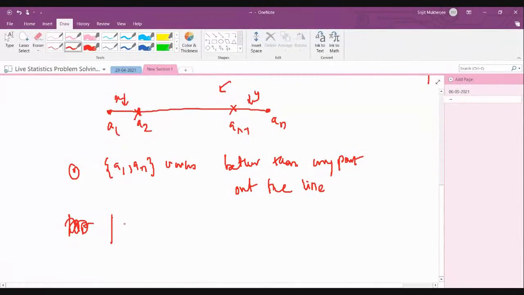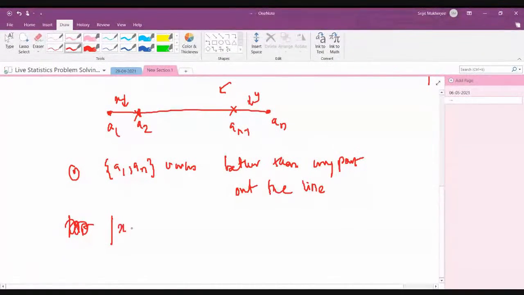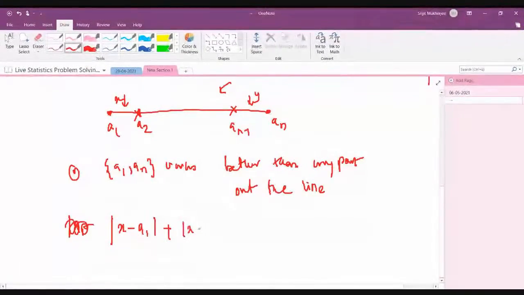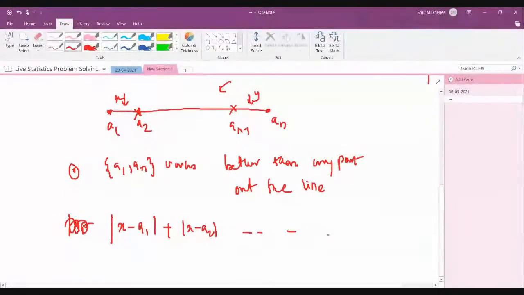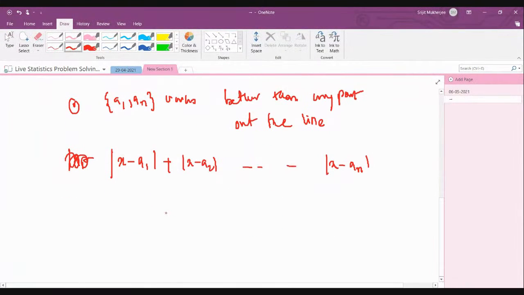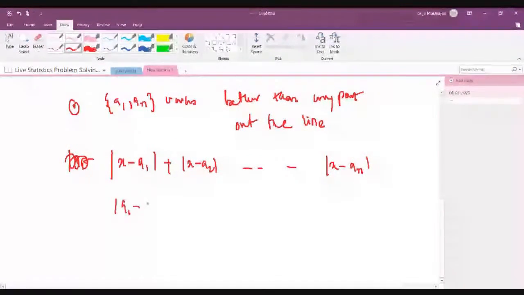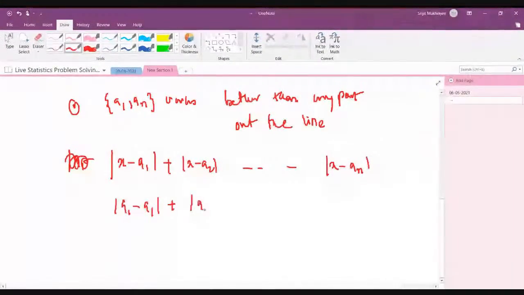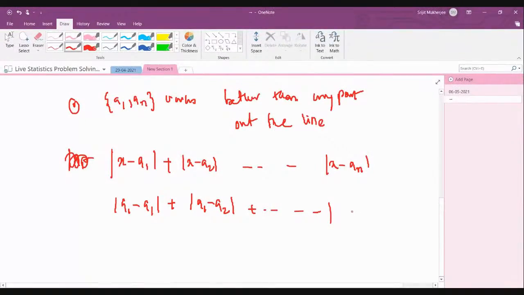So understand that modulus of x minus a1 plus modulus of x minus a2 dot dot modulus of x minus an is the sum, and we'll compare this sum with modulus of a1 minus a1 plus a1 minus a2 plus dot dot a1 minus an.